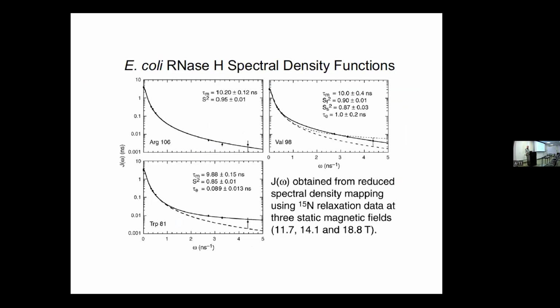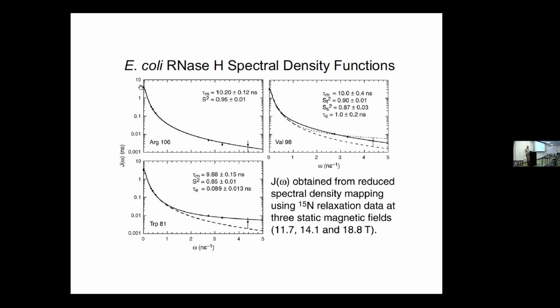And then we talked about spectral density functions. I don't remember how many examples of real data I've shown you. But here for ribonuclease H, we had data at 3 magnetic fields.